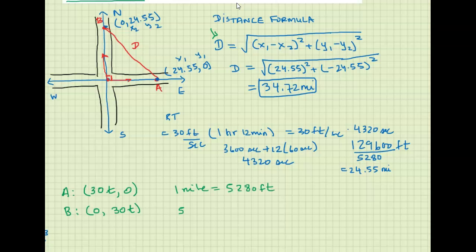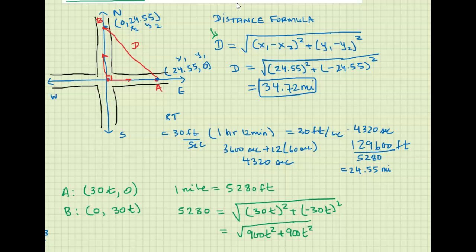So we want 5,280 feet to equal the square root of (30t) squared plus, subtracting these, (negative 30t) squared. So this is going to be 900t squared plus 900t squared, which is the square root of 1800t squared.